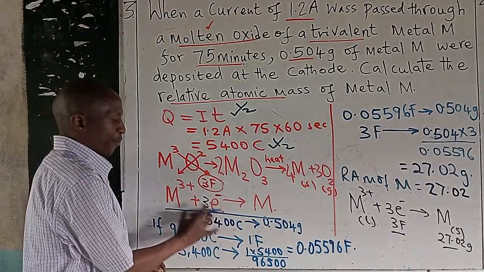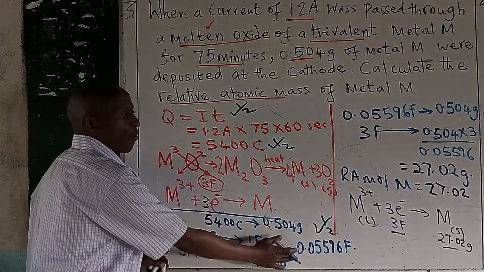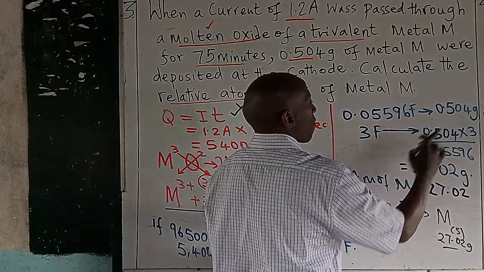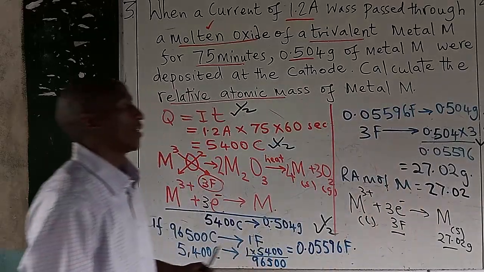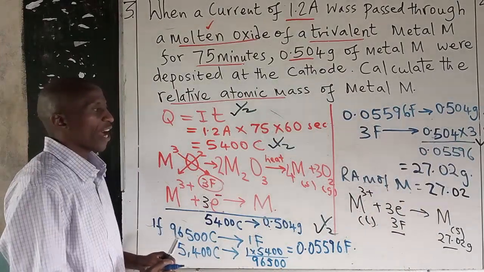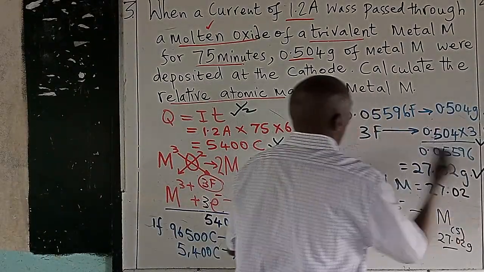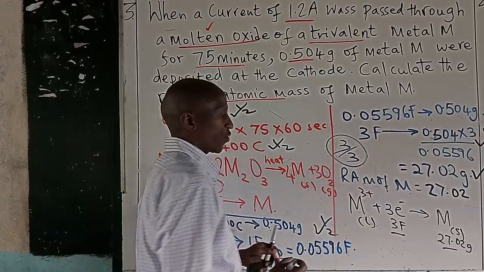We look at the approach, obtaining the number of Faradays is very important. Getting the number of Faradays and relating it to the mass, we get another half mark, and being able to obtain this final mark, you can give 1 mark. So in this case, we have 3 out of 3 for that question.